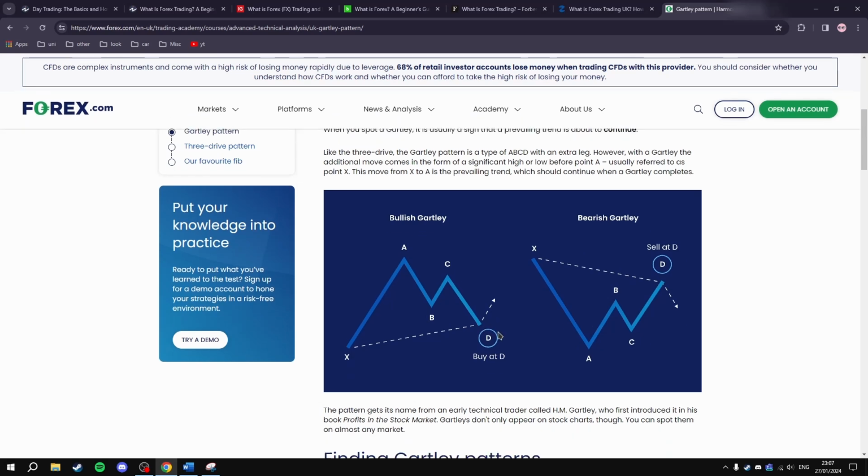So bullish Gartley, bearish Gartley, point X, that's the significant high or low. In this case it's a high, I think, so it rises up, down, and then this is your normal ABCD pattern.